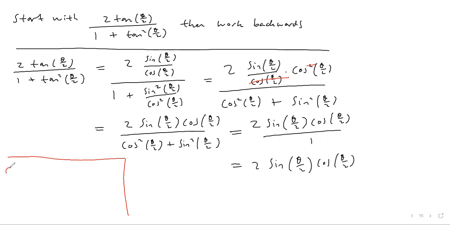Remember from our double angle identities that sine 2 theta is equal to two lots of sine theta times cos theta. So if you half all the angles in this identity, you get sine theta, and then half the angles in the result, sine theta over 2 times cos theta over 2. Therefore, sine theta is the same as 2 sine theta over 2 times cos theta over 2.